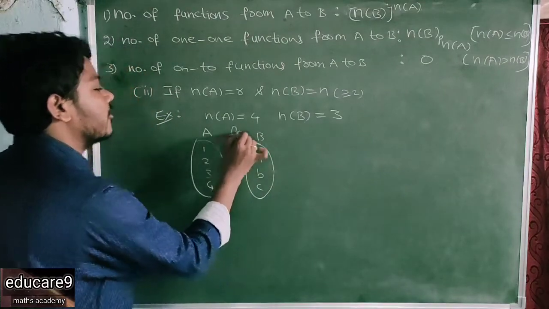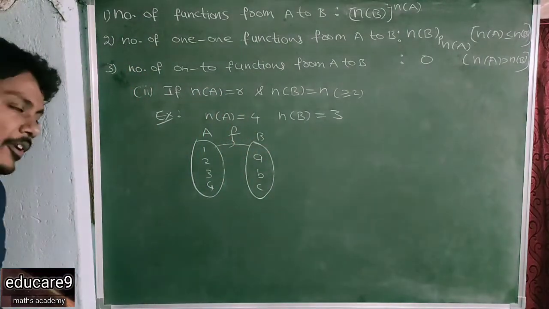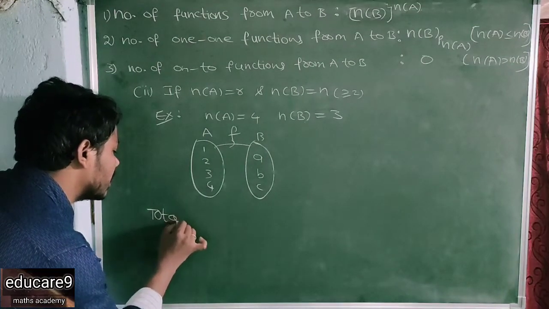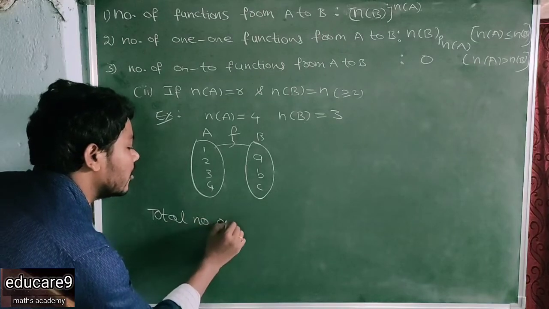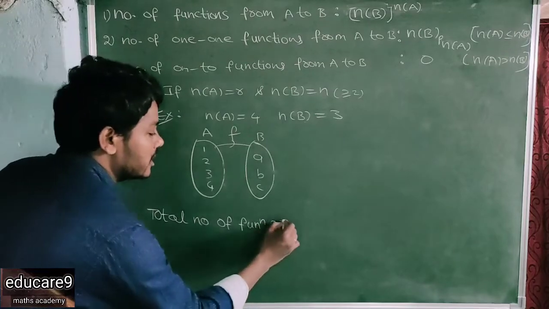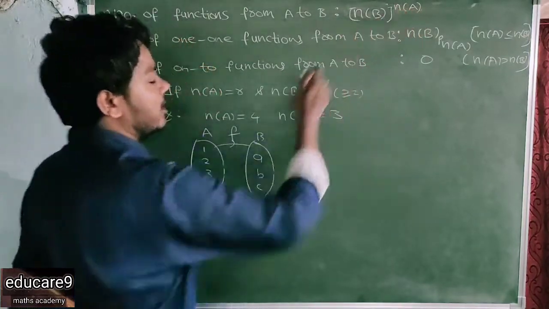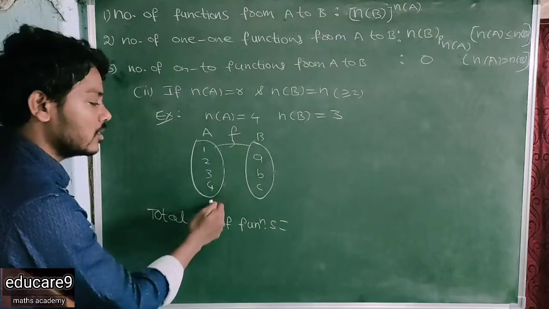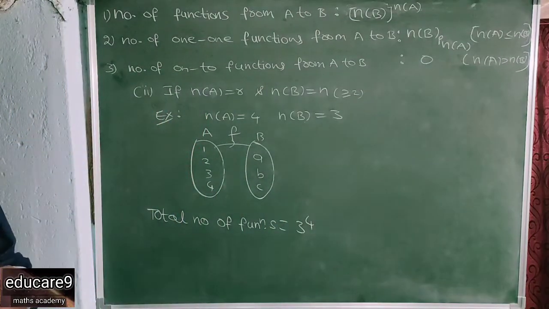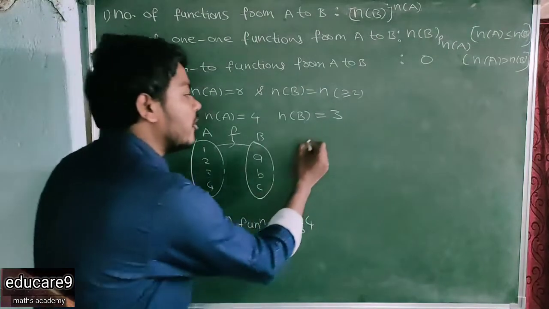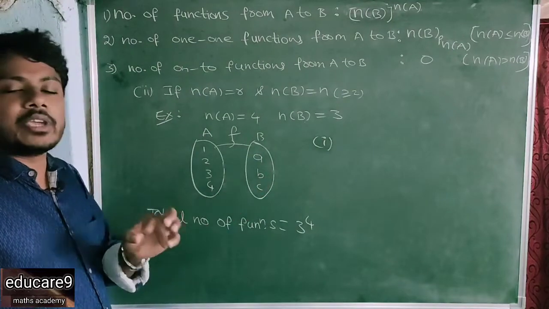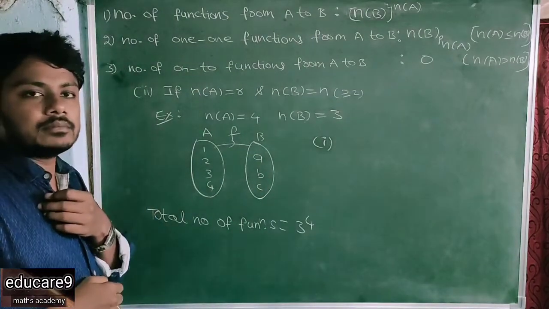Relation is F. So first find the total number of functions. That is n(B) to the power of n(A), that is 3 power 4. So the first case is, out of 3 elements, you can select any one element.